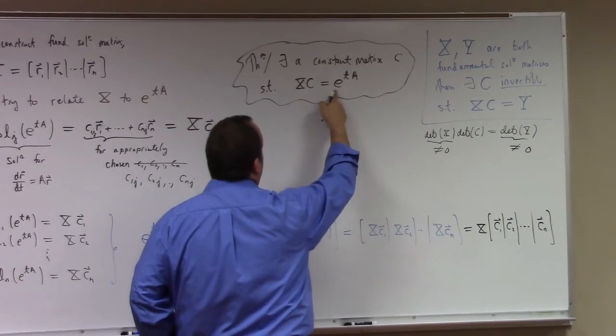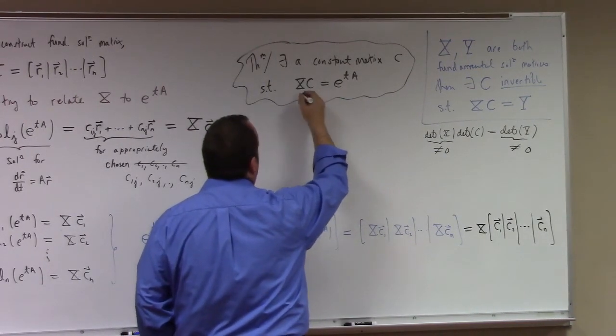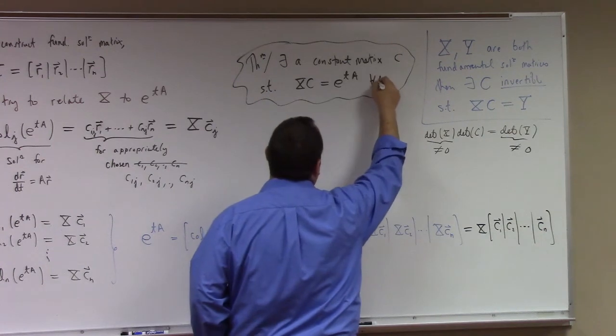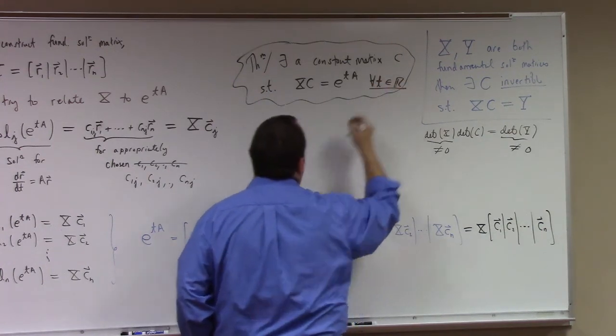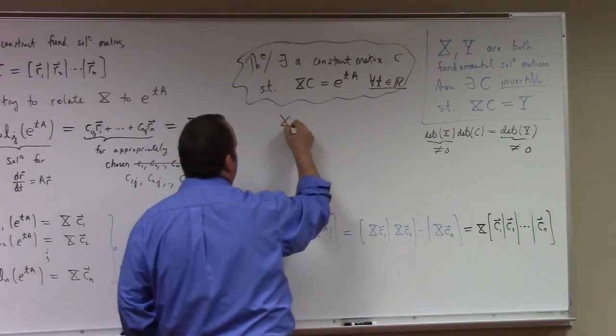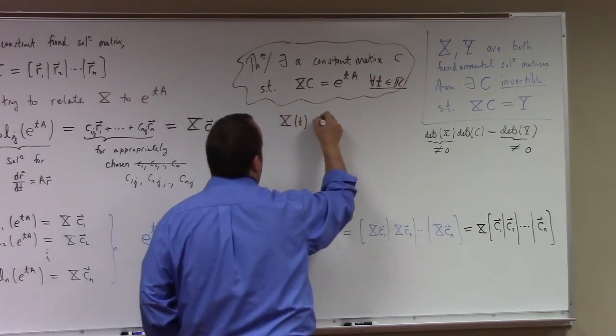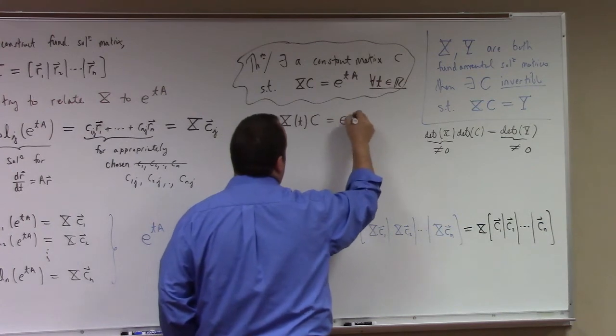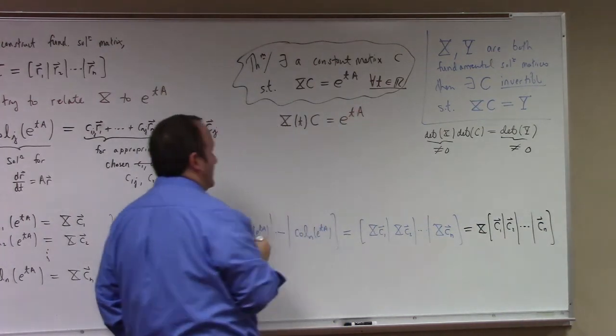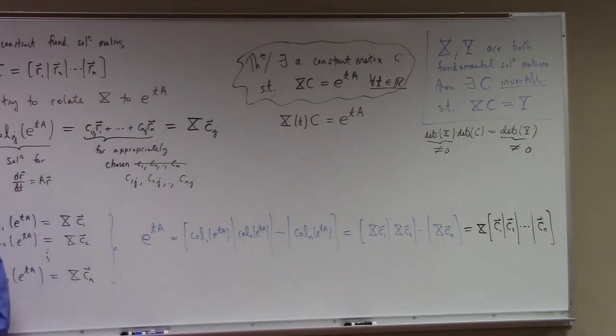How is that the case? Well, check this out. This holds for all t. To write that out more explicitly, this is x of time t times the constant matrix C is equal to e to the ta, just making the time dependence explicit. If you wanted to understand what C is, what's a nice choice of t to get your paws on what C is? 0.